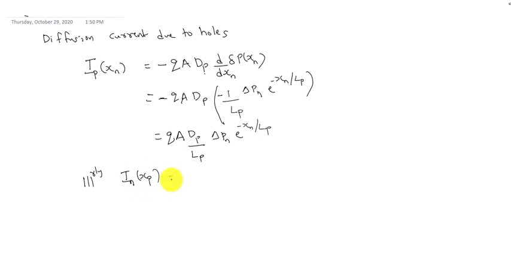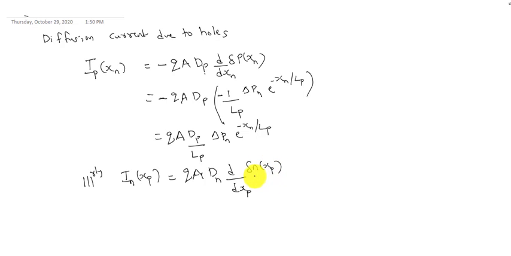that is In of xp, which is equal to Q into A into dn into, here there is no minus, d by dxp of del n of xp.